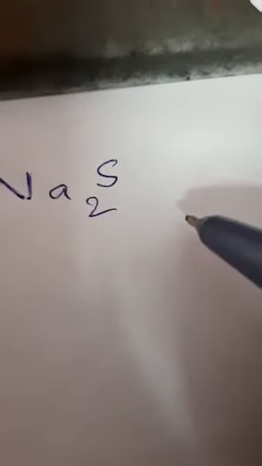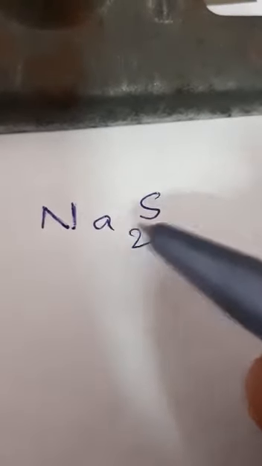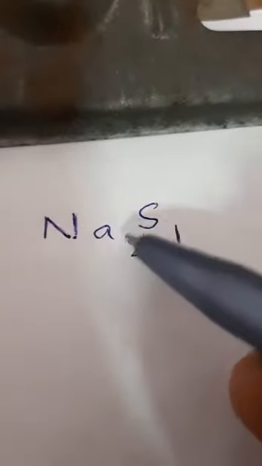now let us see. Sodium sulfide. We know that the valency of sodium is 1, suppose it is here, and the valency of sulfur is here, put here.